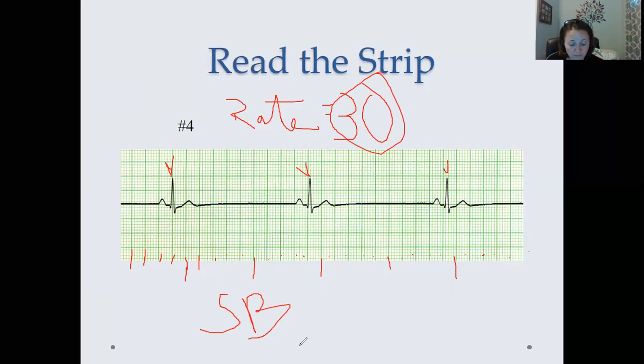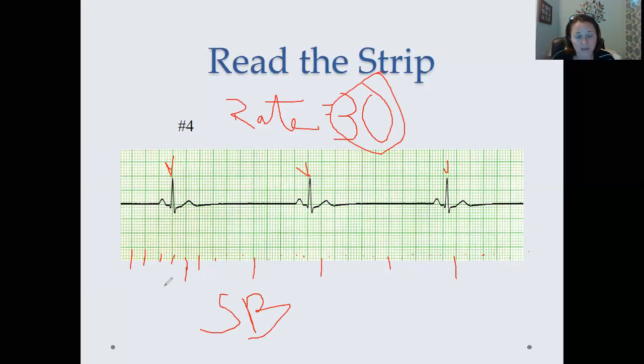This is our first abnormal, where just one thing was abnormal, and that's the rate. On your next presentation, we're going to start looking at abnormalities and arrhythmias, what your patient is going to look like, what's going to cause them, and what we're going to do about them.